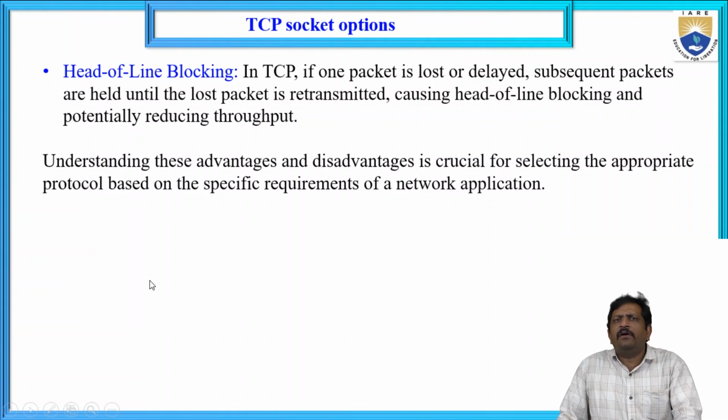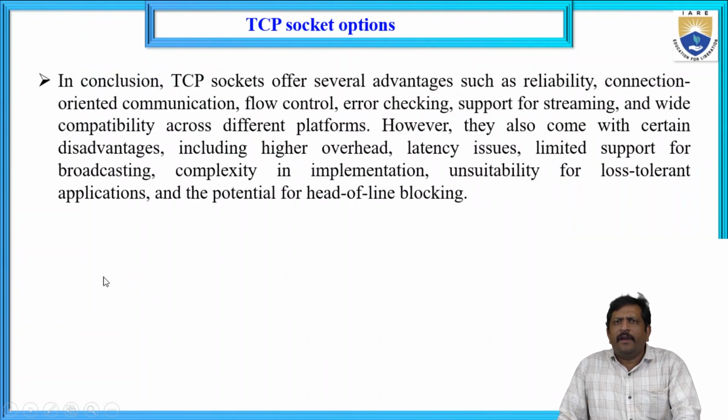Here, the conclusion of this TCP socket option: TCP socket options offer several advantages such as reliability, connection oriented communication, flow control between the server and client, error checking, support for streaming, and wide compatibility across different platforms.